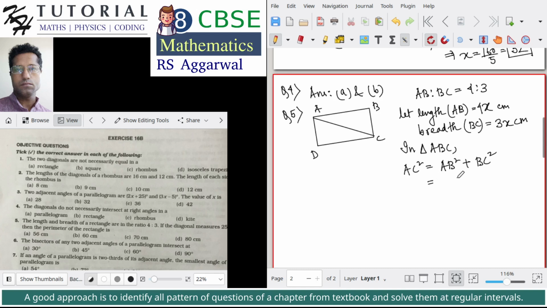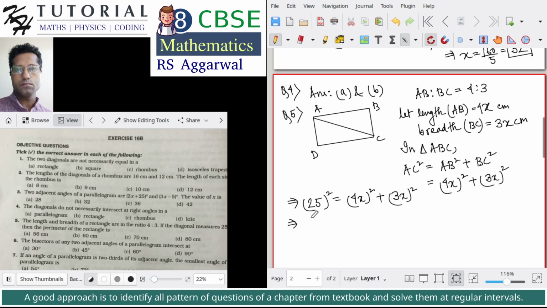This is equal to 4x square plus 3x square. AC is given to be 25, so we must have 25 square equal to 4x square plus 3x square.